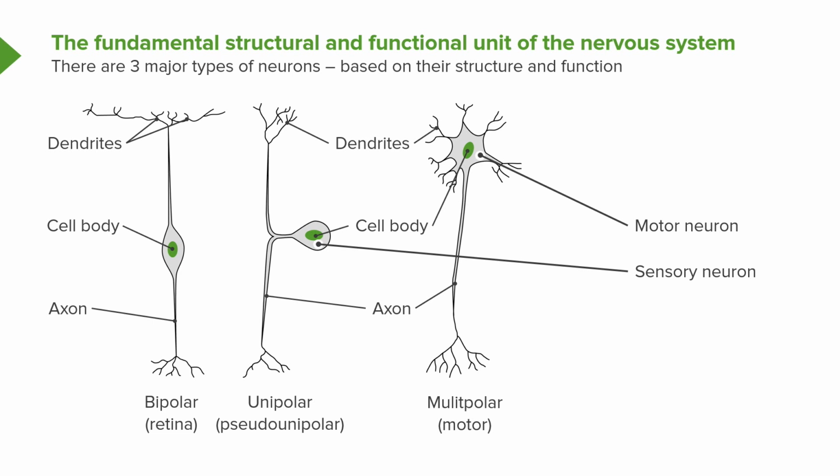Now we're going to see later on that cell body you can see of the sensory neuron is actually located outside the brain and spinal cord in a sensory ganglion. Remember, I mentioned at the very start of this lecture that a ganglion is a collection of cell bodies outside the central nervous system. Well, this is an example of where one of these sensory neuron cell bodies is located.